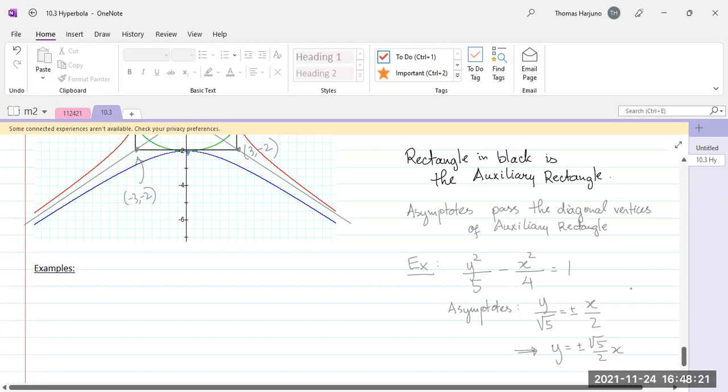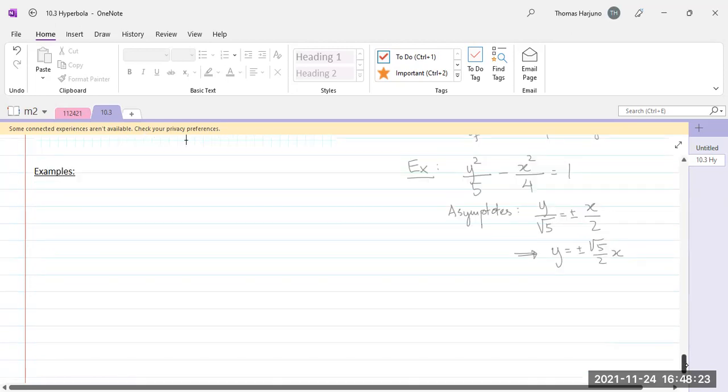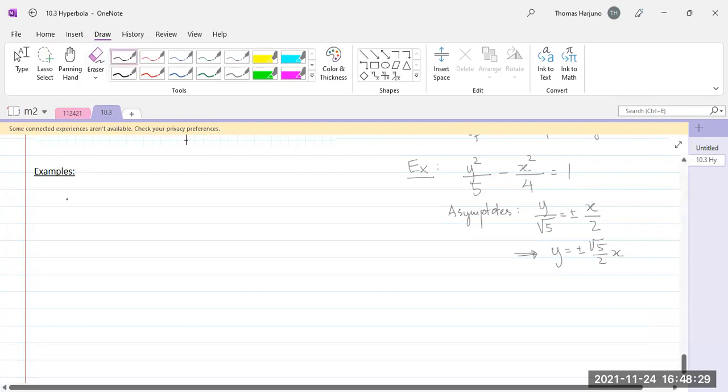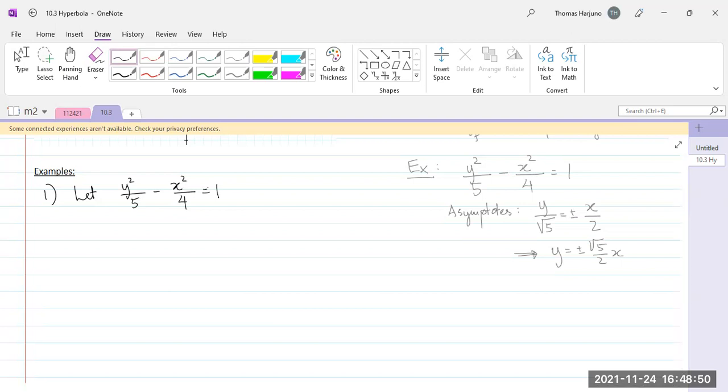Okay. Actually, let's use this example here. So example one, let y squared over 5 minus x squared over 4 equals 1. And we want to sketch this.